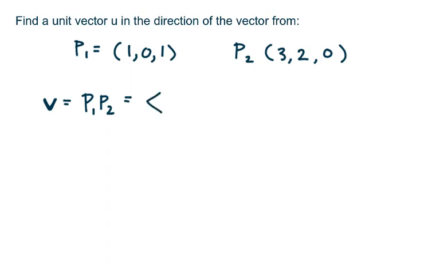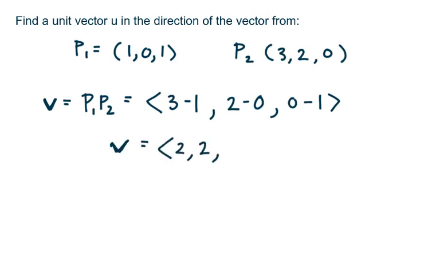And in component form, that would be 3 minus 1, 2 minus 0, and 0 minus 1. So I'm just subtracting each of my x, y, and z components. So this gives me that my vector v equals 2, 2, negative 1. Or rather, v equals 2i plus 2j minus k.